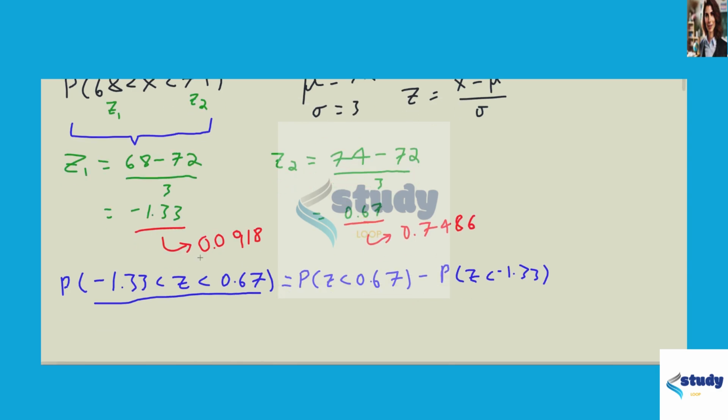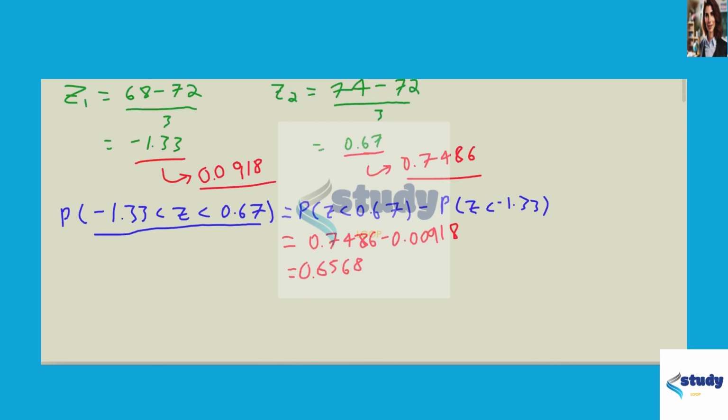And now we're just going to input these into the equation that we just set up to get 0.7486 minus 0.0918, which is equal to 0.6568. Okay, and that is our answer for part A.